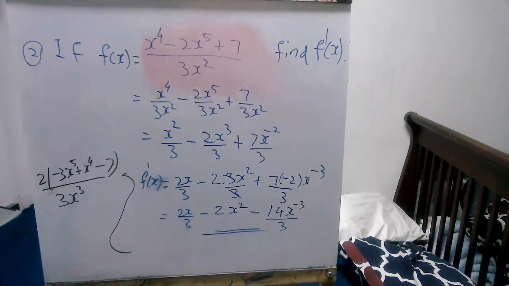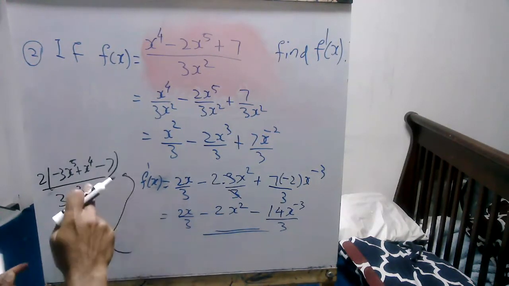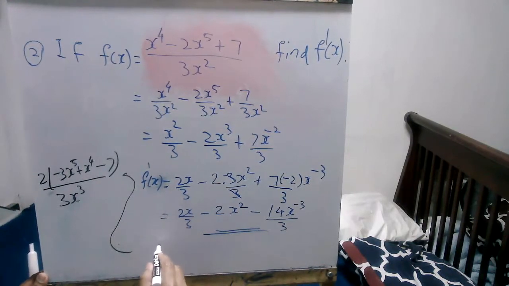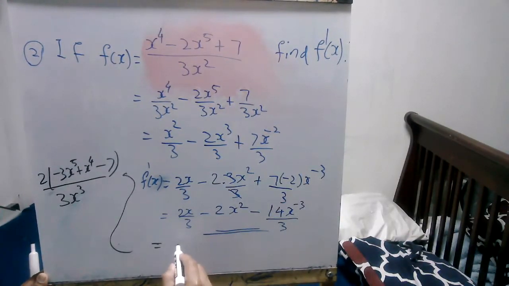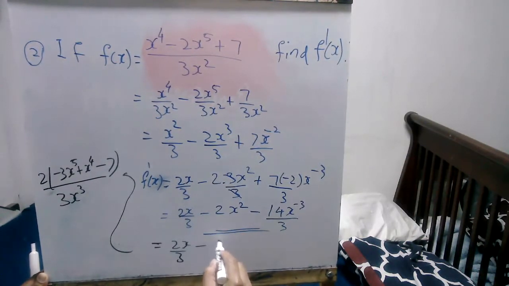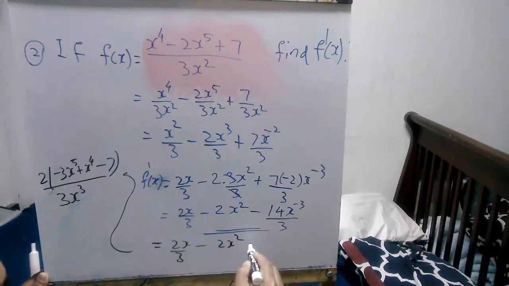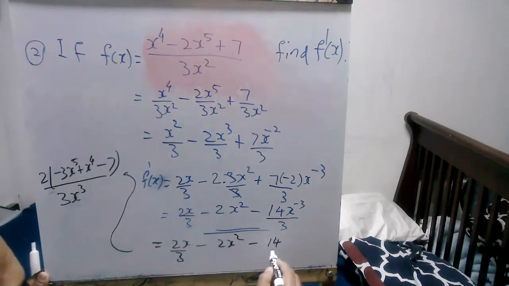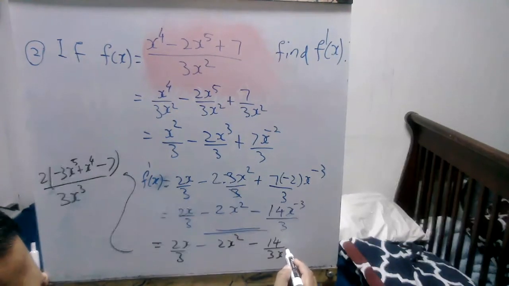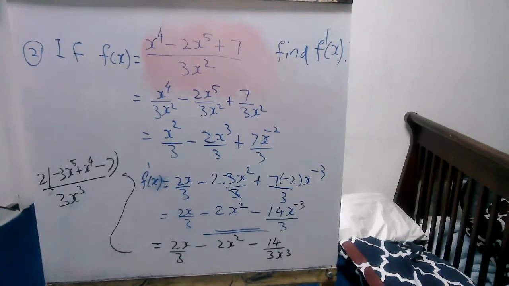Okay, so you can leave the answer like this, but to get to this answer, we can write this as, we can move this x to the power 3 to the denominator, minus 2x square minus 14 over 3x to the power positive 3, right?